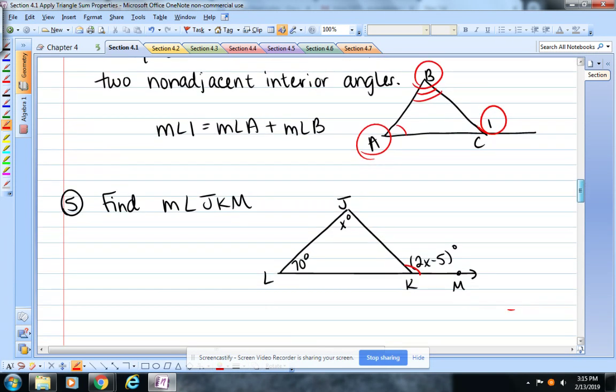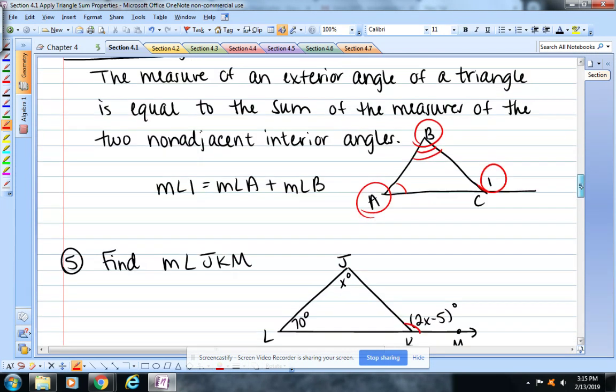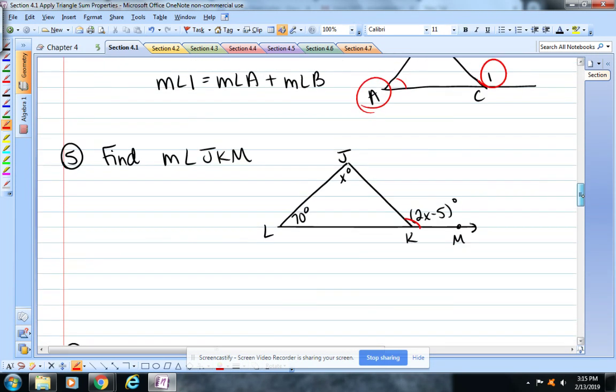So we're going to see some examples of using the exterior angles theorem. So it says find the measure of angle JKM. Well, if you look at the figure, JKM is this exterior angle right here. And I can't tell you what that is just yet because I don't know what x is. So my first job is to find x.